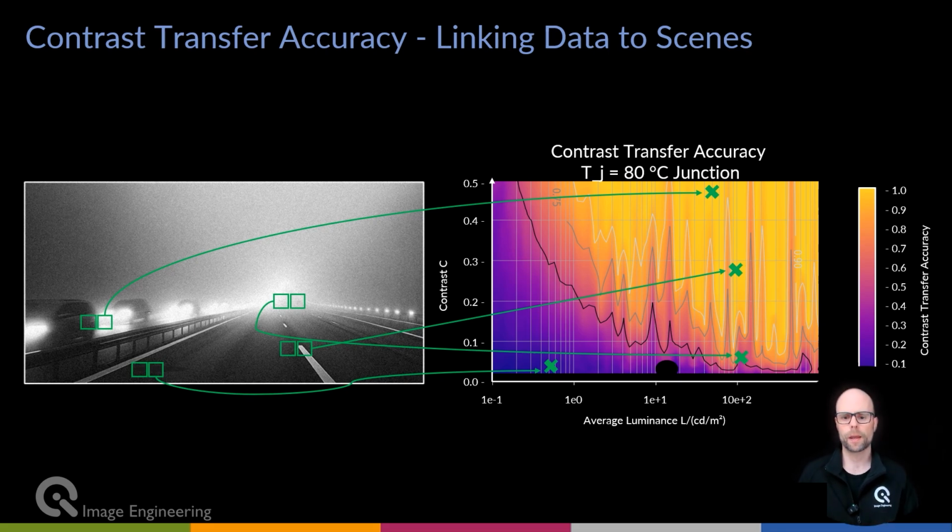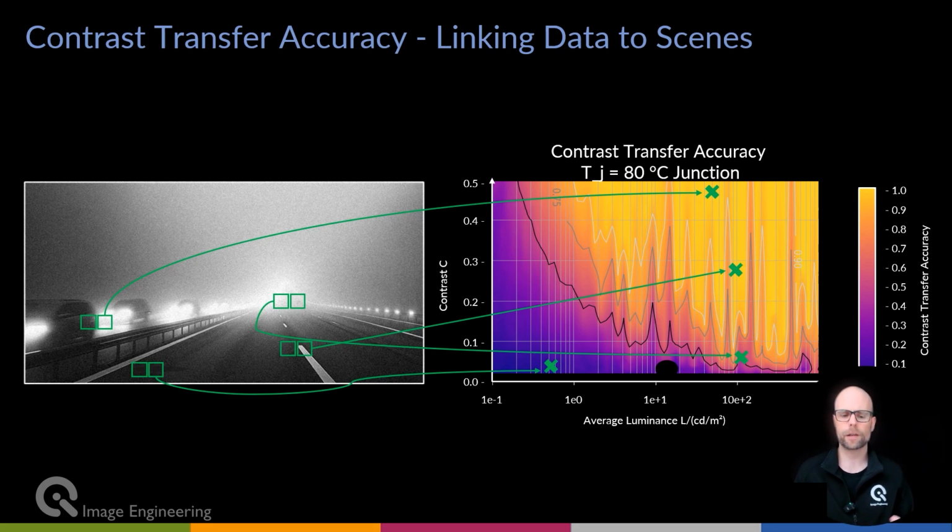With this map, you can describe a lot of effects in the camera. First of all, you have different positions. On the left of the image, you see the headlamps of a car and then a darker car in front of it. That is a very bright, high contrast scene, so that's somewhere in the top or top right of my map.